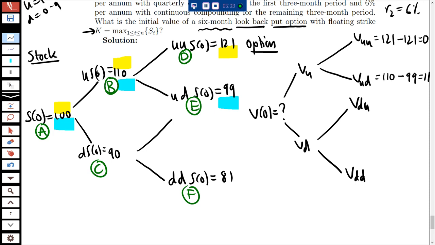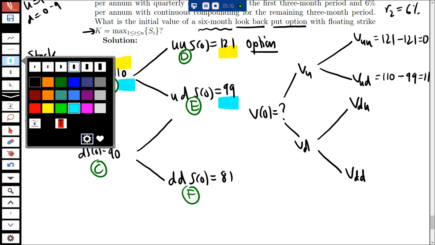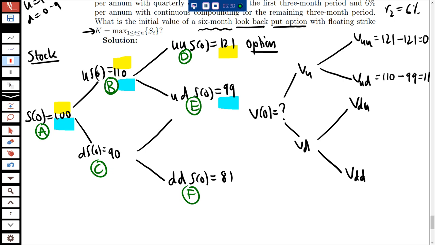What about the down up price? Yeah, we need to be careful here. It's not going to be the same as 11, as we shall see, because we're not following the blue, we're following the red.